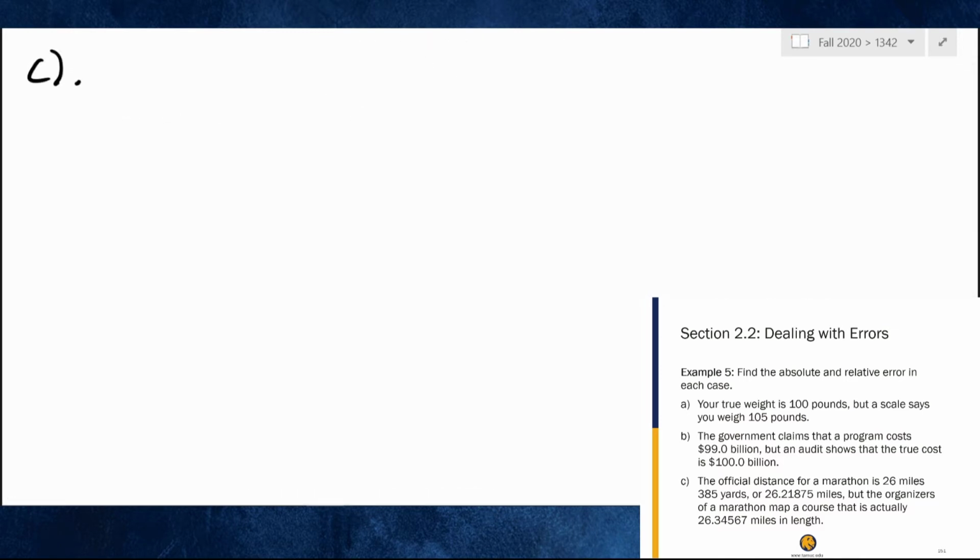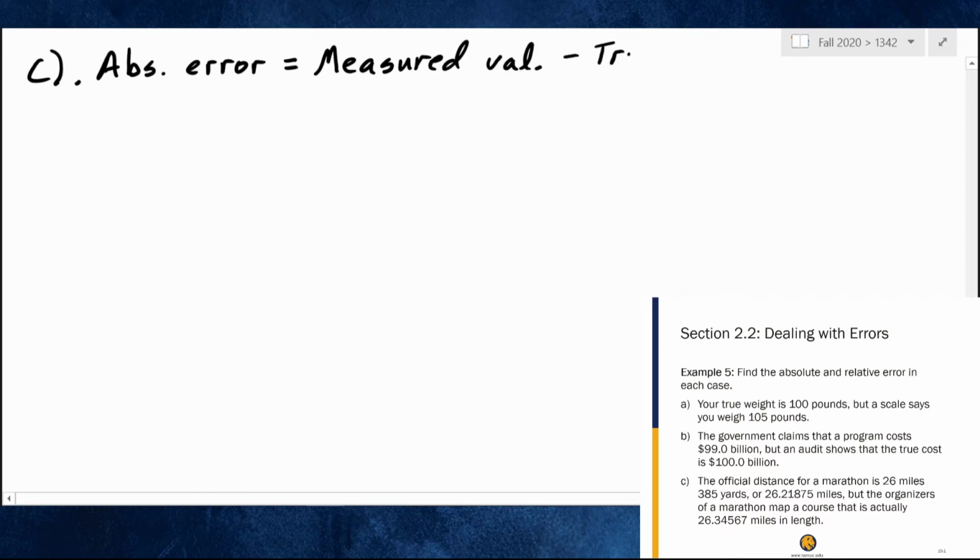On Part C, it says the official distance for a marathon is 26 miles, 385 yards, or 26.21875 miles. But the organizers of a marathon mapped the course that is actually 26.34567 miles in length. I want to find the absolute and relative error. Okay, so for the absolute error, again, we take the measured value minus the true value.